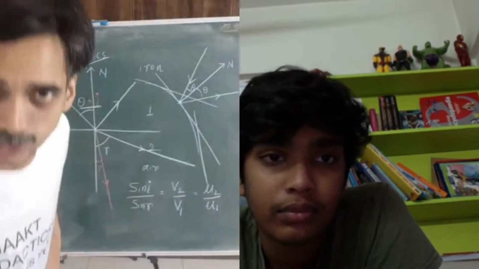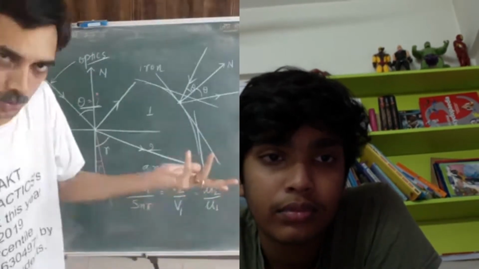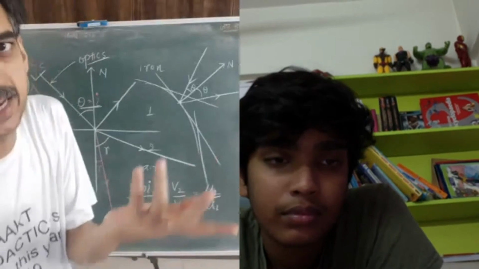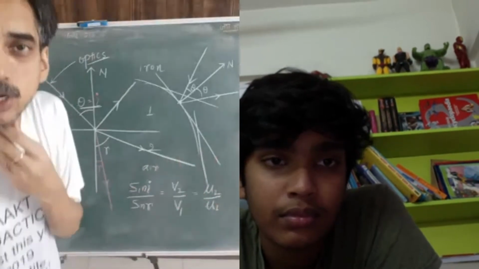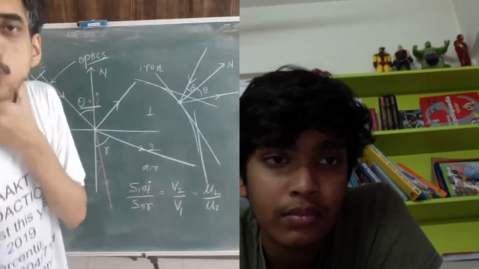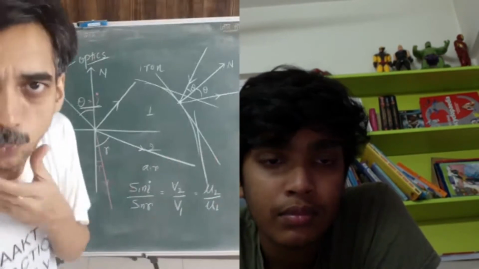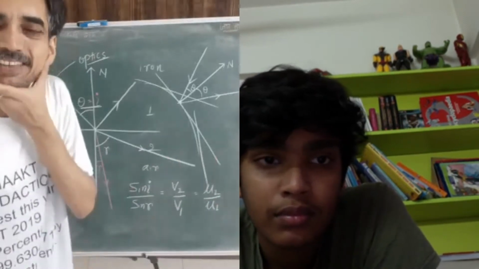Now I'm coining a new term over here. Speed was known to you, so you didn't make any protest. But here you are to sound protest: what is this new term, refractive index?